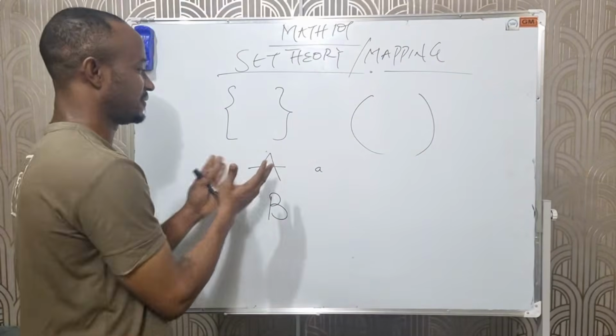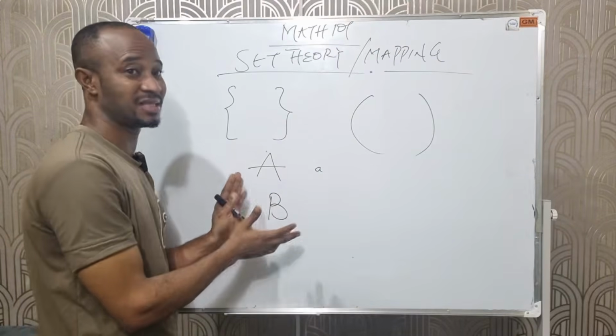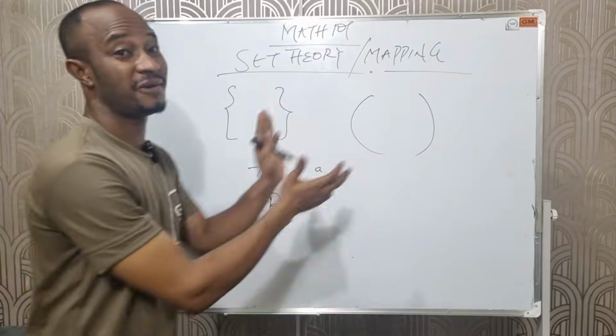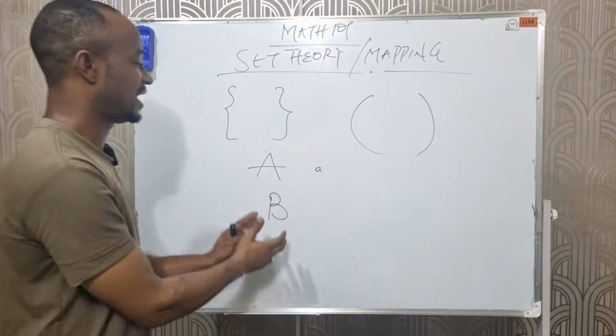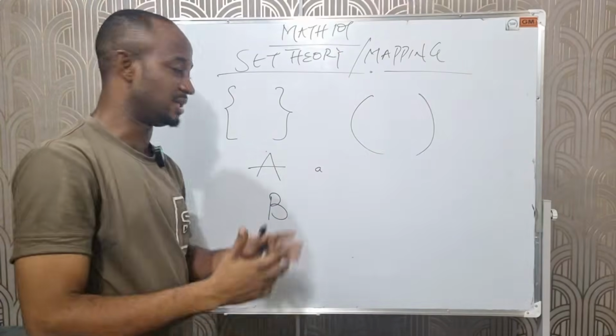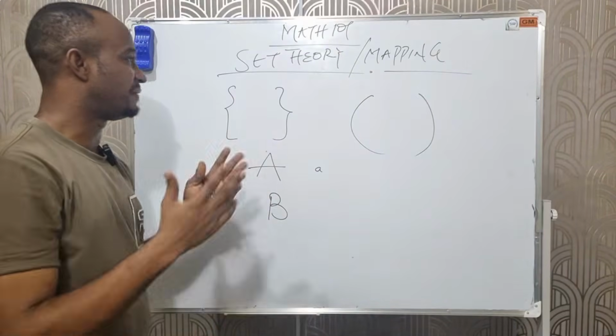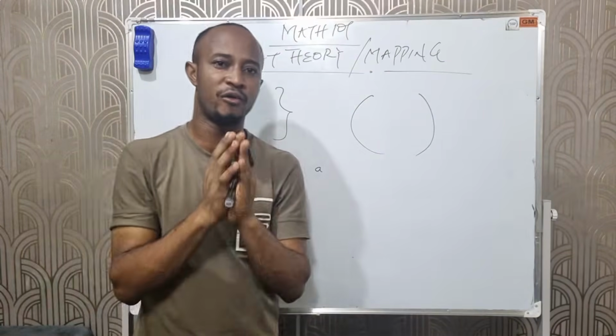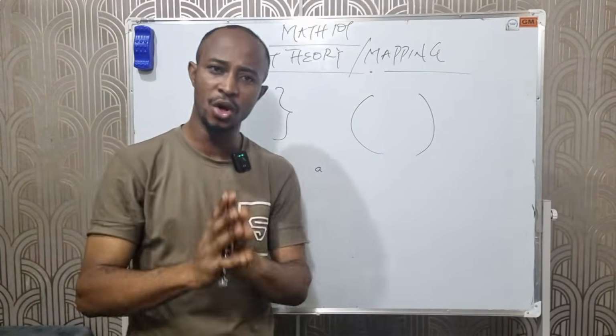We can have set A representing all even numbers or all alphabets, and B representing all odd numbers, and so on. So the set is a collection of well-defined objects.